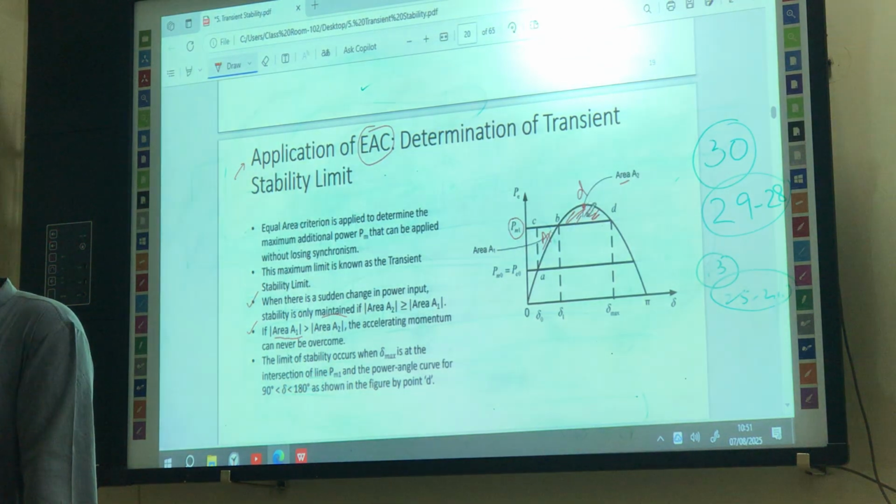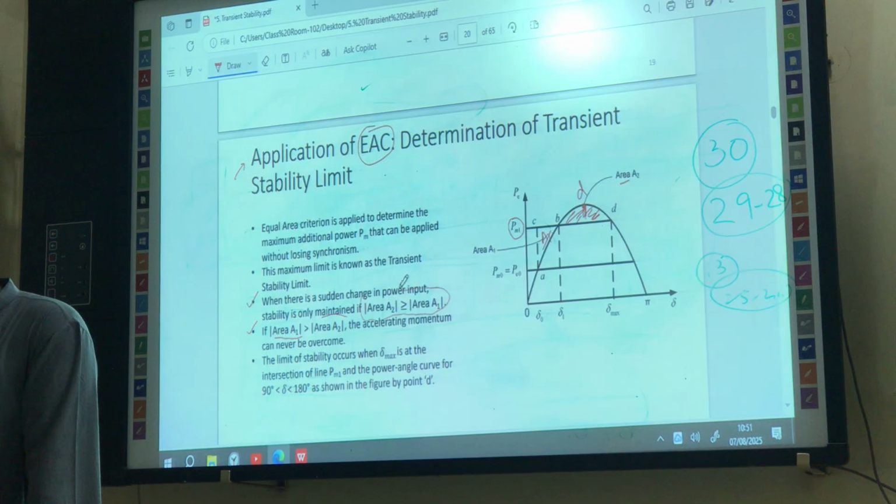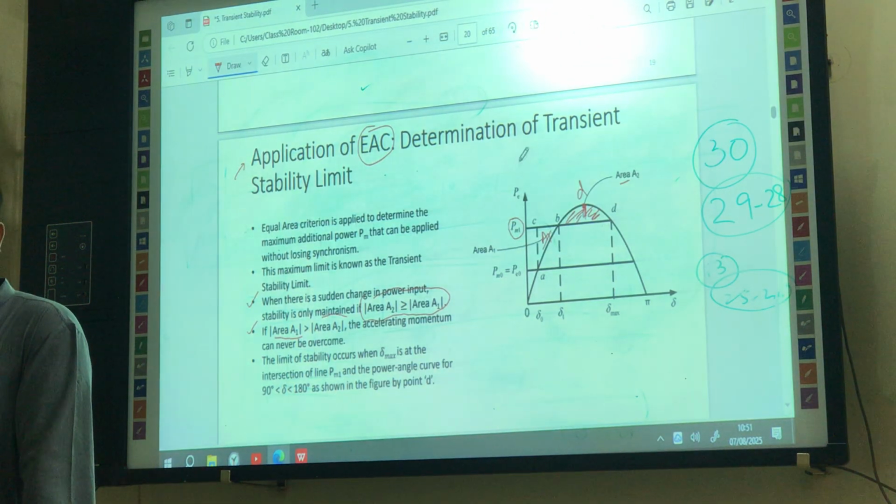We will see what the available deceleration area is that we have to study. That's why this is the stability condition, that area A2 must be equal or higher than area A1. Obviously, when we solve the problem using the ESC method, we will take the equal area. We will not take the whole deceleration area. But this is the condition for stability.